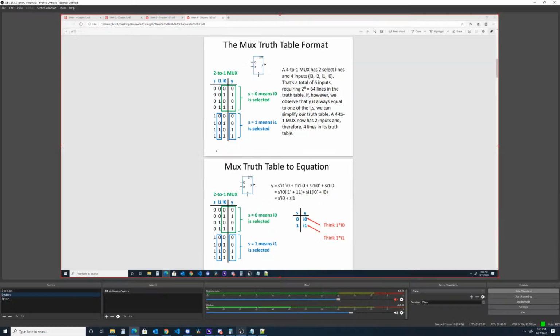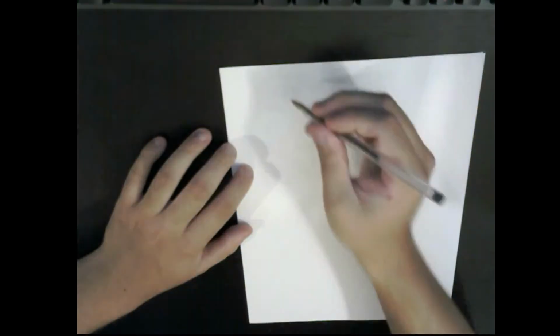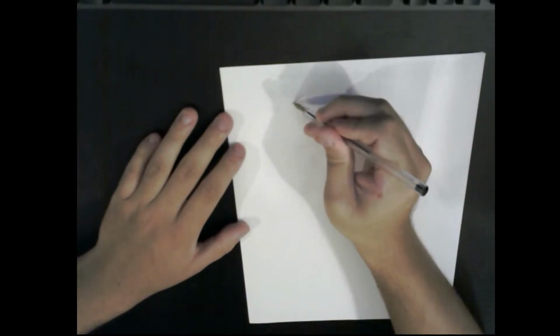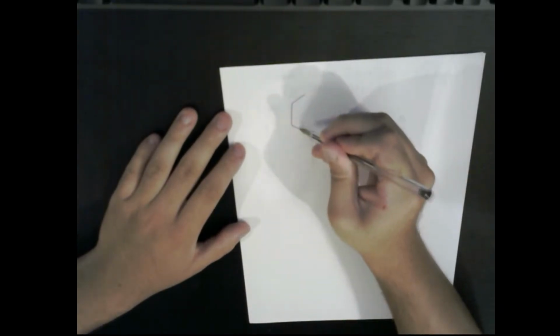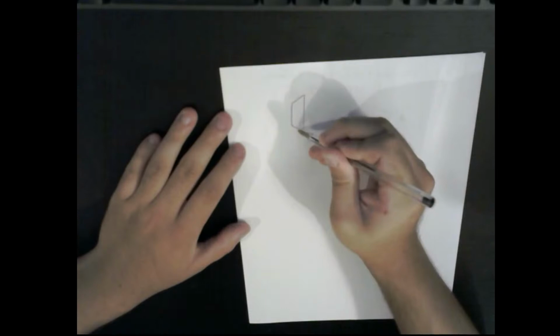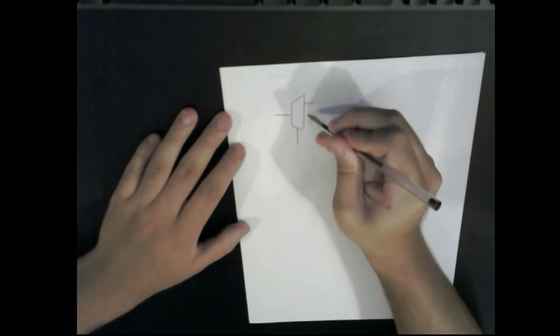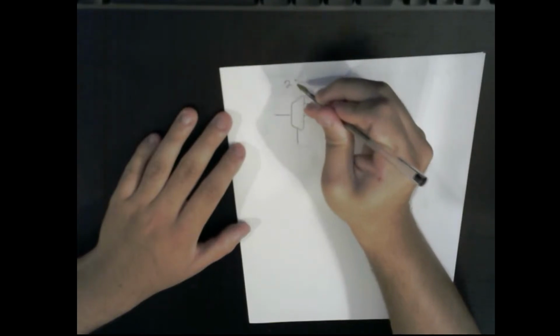Another way you'll see muxes drawn is like this. You'll have a trapezoid looking deal, and you'll have control lines right here. So this is like a 2 to 1.